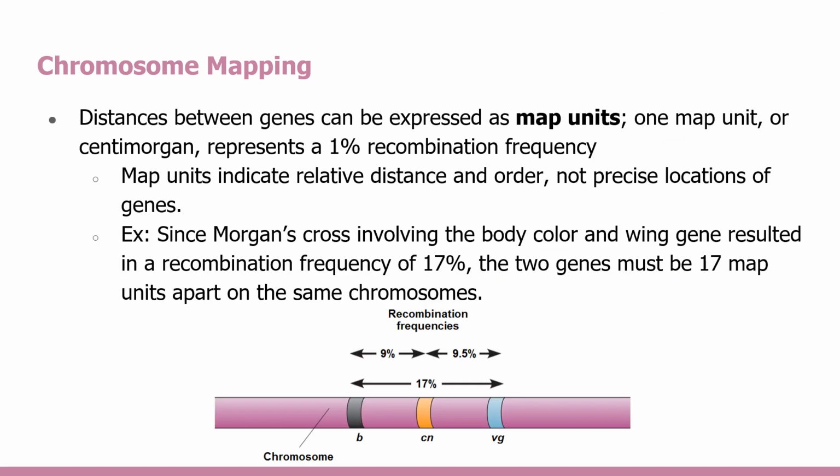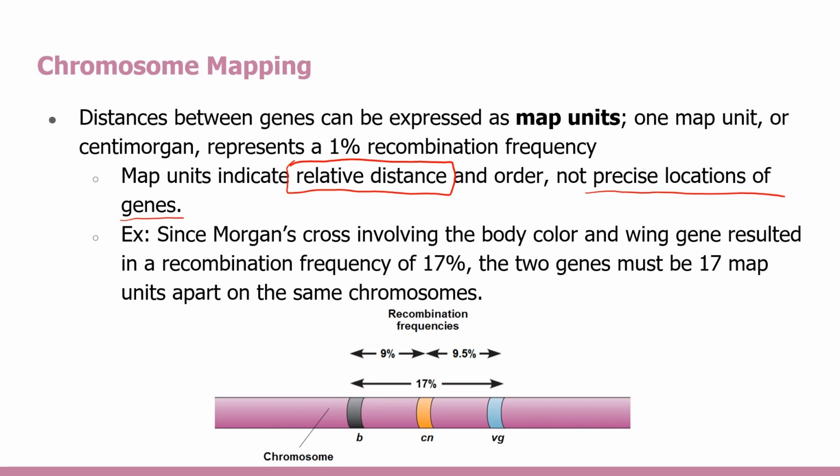So a map unit is representing 1% recombination, simply the distance between genes, okay? Map units indicate relative distance and order, not precise locations of the genes. So relative distance.